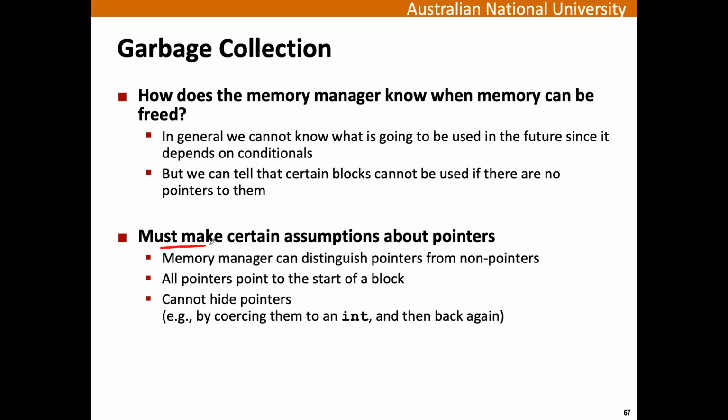So really, ideally, what we want from a language when we write garbage collectors is that the memory manager can easily distinguish between pointers and non-pointers. And C makes it really, really hard. In C, you can do this.